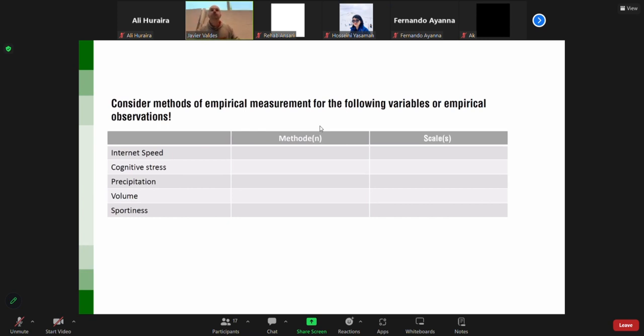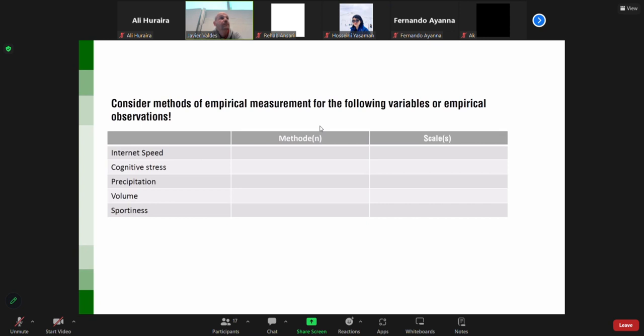Now, volume. You are listening to music. What? Okay, and how do you measure it? dBs. Decibel. Yeah. Perfect. And now sportiness. How fit you might be or someone might be. The level of sportiness.